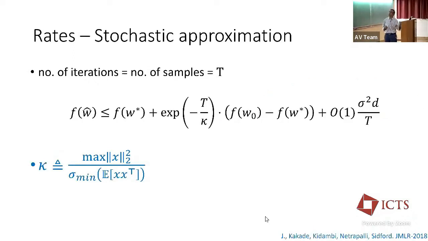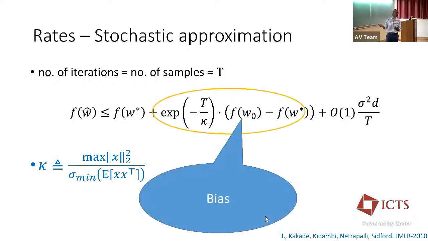Generally, in this kind of situation, the error can be divided into two parts. One is what we call bias. Bias you should think of as: initially you started at some point W0, which was far away from W star. Depending on how far W0 is from W star, that term is what we call bias. So the bias term is dictated by your initial point.